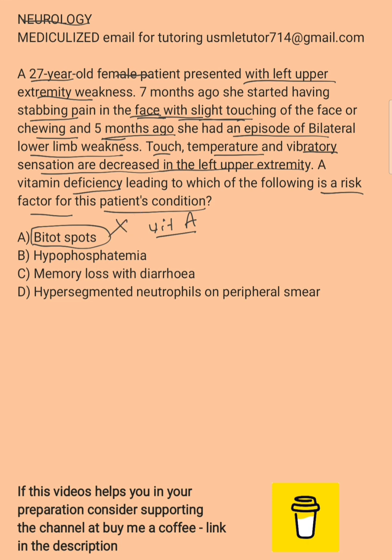But remember, they may give you a question where fat soluble vitamins are deficient. So then in that case, they can give beta spots, because the fat soluble vitamins include A, D, E, and K. And conditions like malabsorption, like celiac disease, will be the conditions where you can see this vitamin deficiency. Then we have hypophosphatemia.